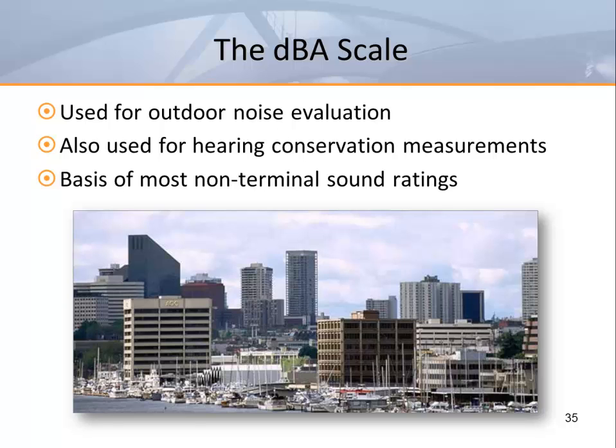They're often used by code officials to measure environmental noise levels or by OSHA inspectors to determine whether or not hearing protection is needed inside a manufacturing facility. Although dBA ratings have their uses, octave band readings provide better clues as to the source of a noise problem and therefore are more likely to lead to a possible solution.